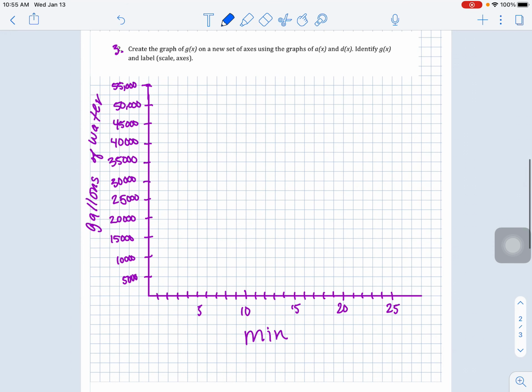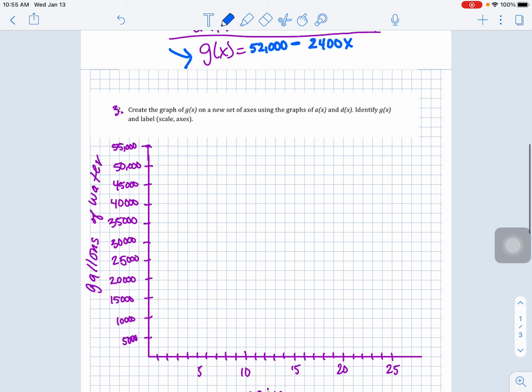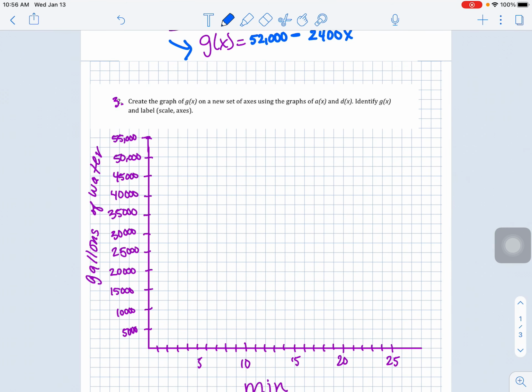Question 3 says, now that you have this new equation, can you graph it on a new axis? We have given you this new set of axes. Here's our equation. G of x has a y-intercept of 52,000, and it drains 2,400 gallons per minute.